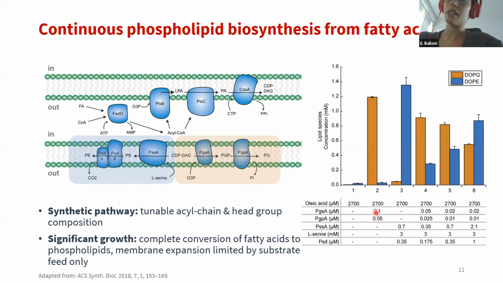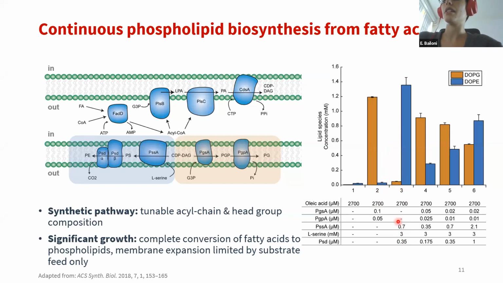However, when he added PGSA and PGPA for PG synthesis, he could achieve a complete formation of PG with a very little bit of PE. Similarly, when PSSA, serine, and PSD were added, so all the components for PE synthesis were present, then PE was synthesized with only a very little bit of PG.